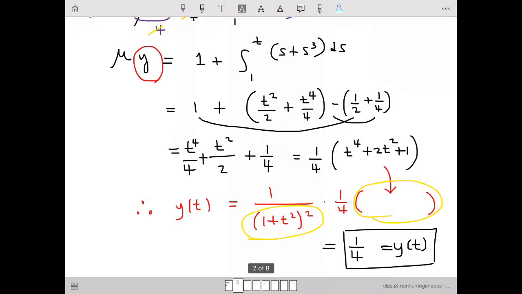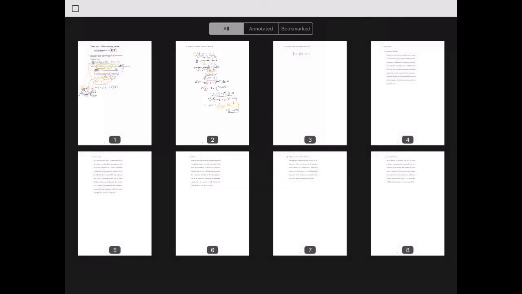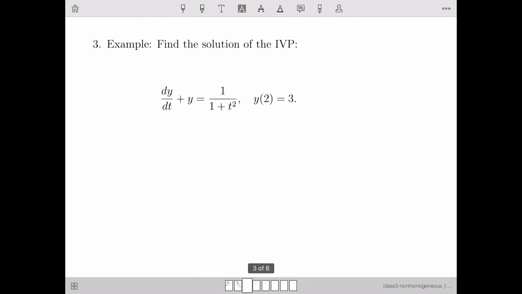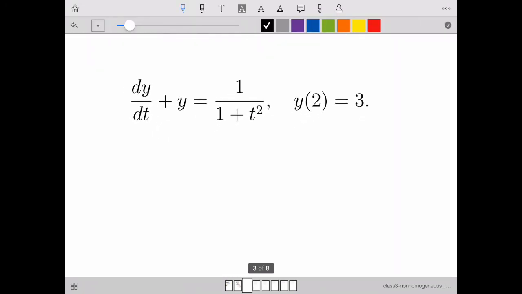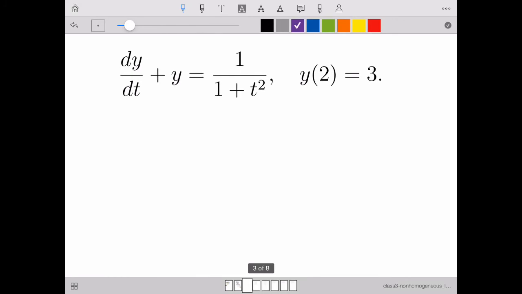Okay. Next example. Find the solution of the IVP. Again, we see that this is a first order linear non-homogeneous IVP.